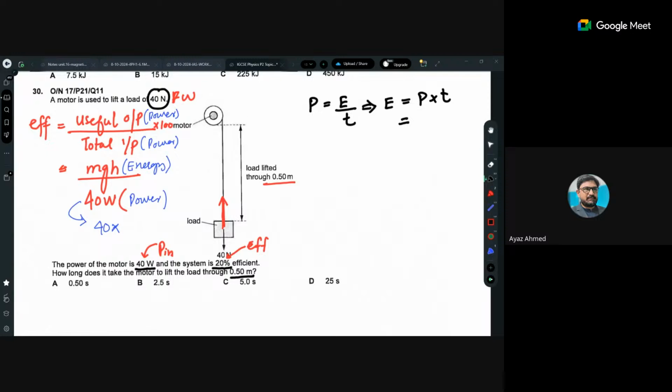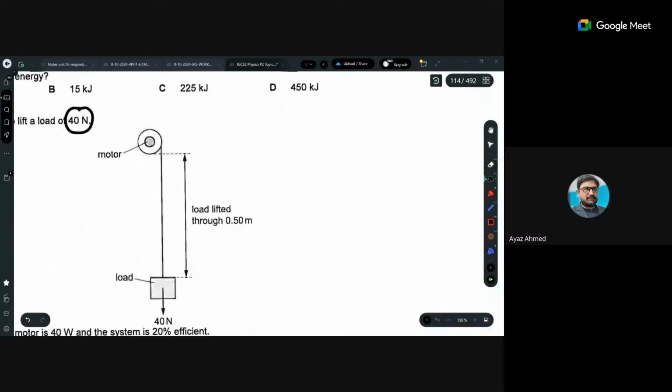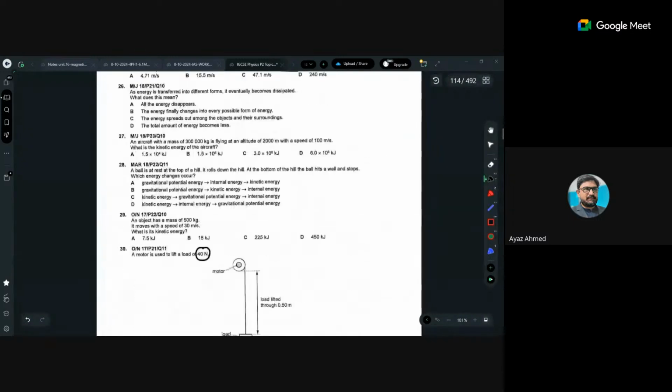So what is power? 40 watt. And how much time does it need? We do not know that, so I will just use it as t.